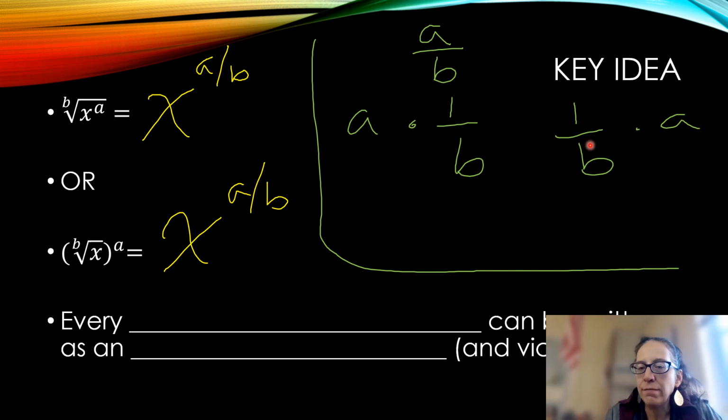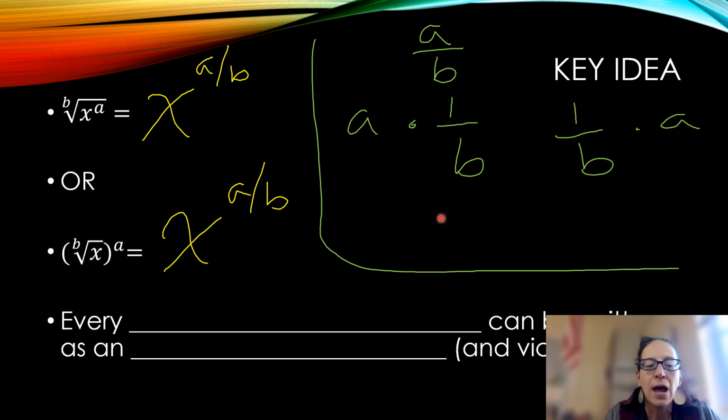In this direction, because with multiplication you can just switch the order around, you take the bth root and then raise that whole thing to an exponent, and therefore the a ends up on the outside. So really, you should think, doesn't matter. And there's a reason why it doesn't matter. There's a reason these end up being interchangeable operations, and it has to do with the commutativity of multiplication.